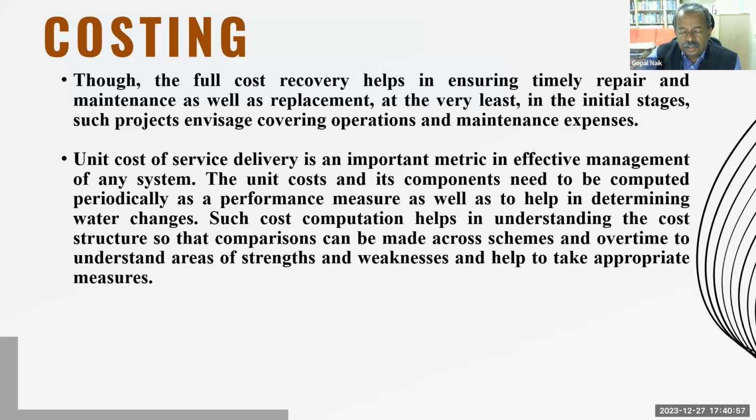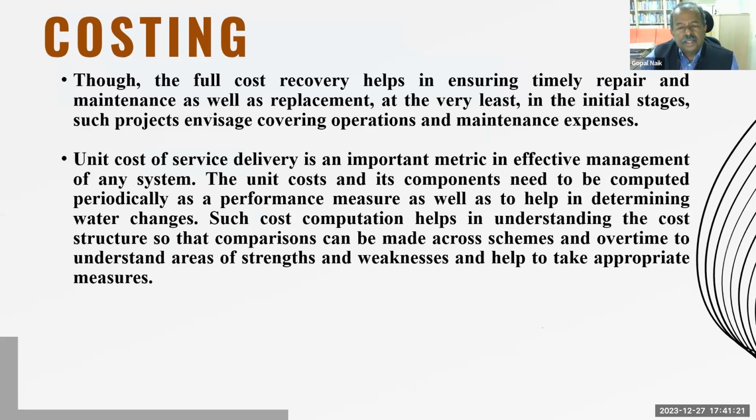So at the DPR stage, we do give a lot of details about the extent of cost involved, and that gives a very good input to calculate these unit costs, and then say, okay, is it reasonable or not, when you compare it across the regions. And if it is not, what is the reason for it?